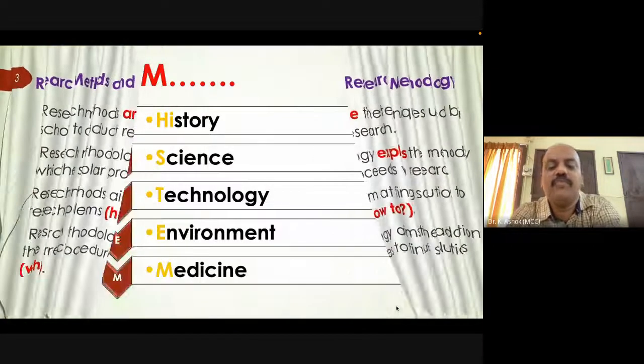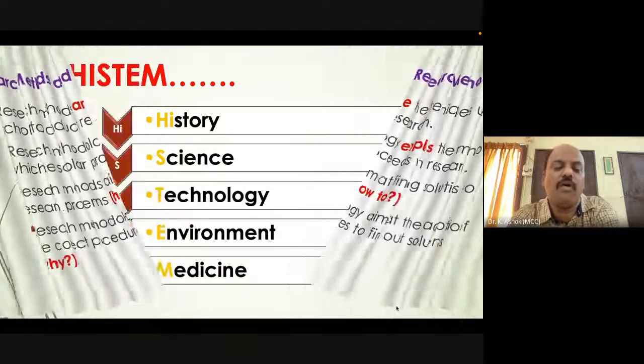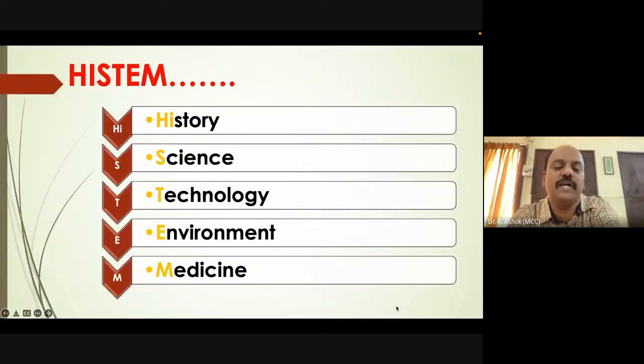So I'm focusing my talk on a new sub-discipline in history called HISTEM. HISTEM is nothing but history of science, technology, environment, and medicine. This particular field has gained prominence in the last 50 plus years.